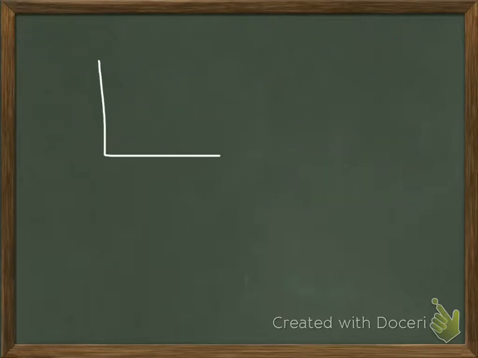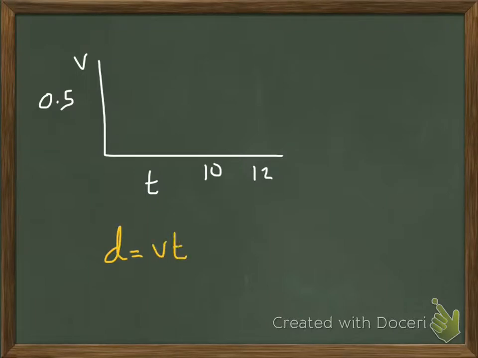Let's graph it. Let's graph velocity versus time for this one. I know that I'm going to be starting at 0.5, so that's why I put that up on the velocity. I put my 10 and 12 there for time. Now check out the formula. d equals vt plus 1/2 at squared. That first term, the vt, is kind of like what I've just drawn in yellow.